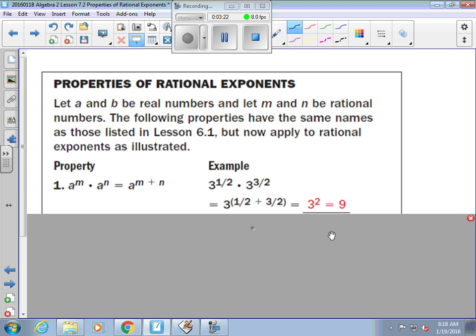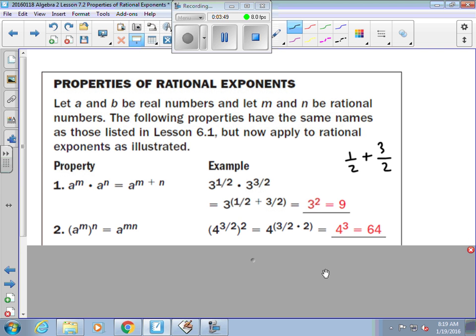So 3 squared gives you 9. Same bases, both of them are a. You add the exponents. It doesn't matter that it's a fraction. Remember, when you add fractions, you have to have a like denominator. In this case, they're both 2. So you add 1 and 3 to get 4 over 2, which simplifies to 2.